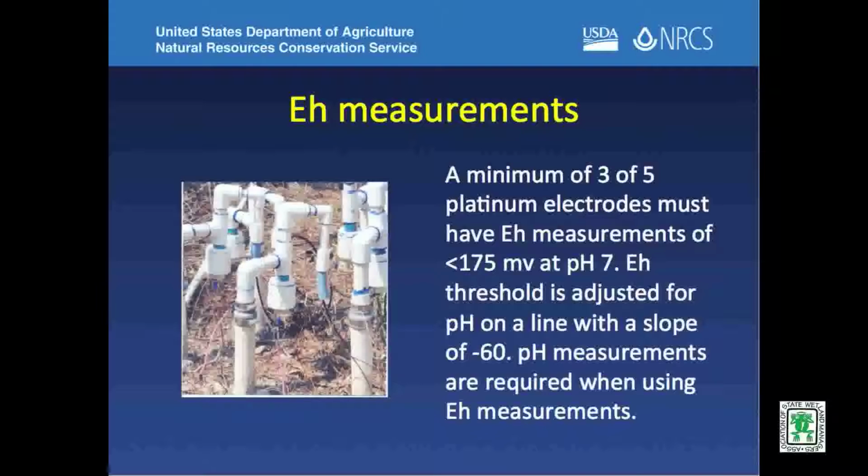They are fairly expensive, and like I said, you need at least 5 per site, and you need a minimum of 3 out of the 5 platinum electrodes to have an EH measurement that meets the anaerobic conditions threshold, and that actually changes with pH. It has to be less than 105 millivolts at a pH of 7, but it does change with pH. So you also have to measure pH when you're measuring EH.